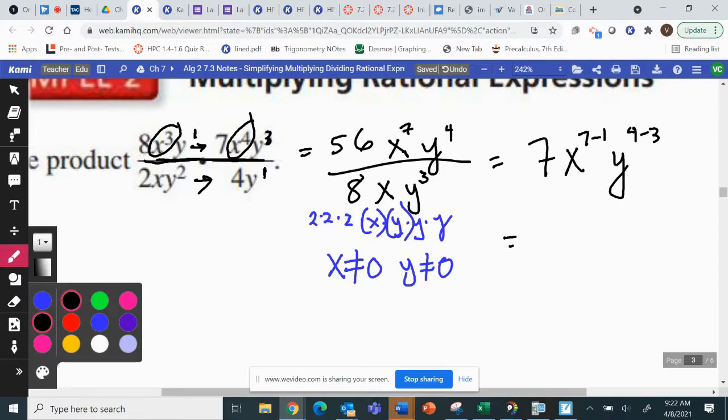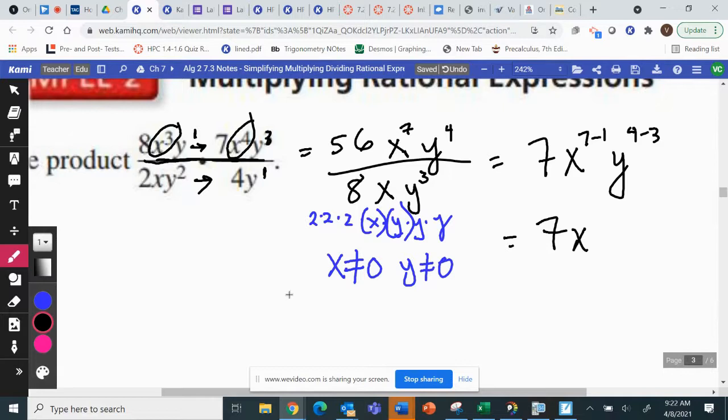Okay, now we go back to where I was simplifying. We have 7, we have x to the 6, and we have y to the 1st. Now we check our domain restrictions again. Where is my denominator? Where'd it go? It's gone. I simplified it out. So what are my domain restrictions in 7x to the 6 times y? There aren't any.